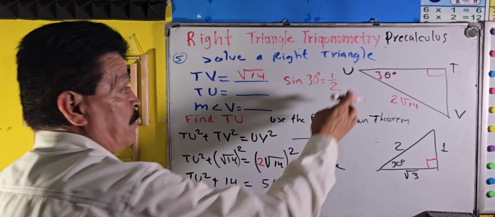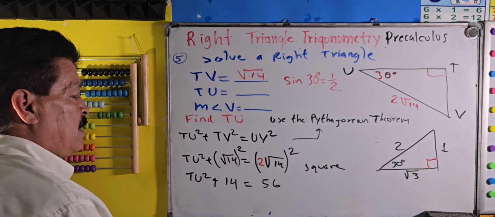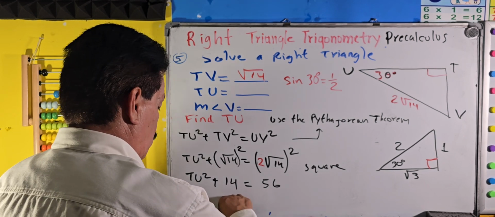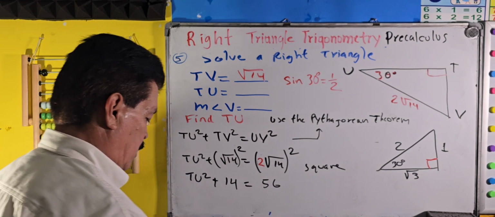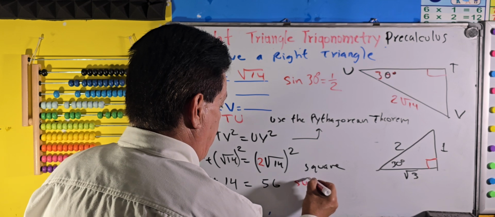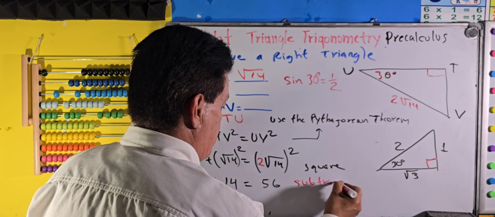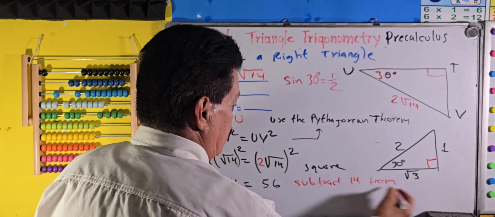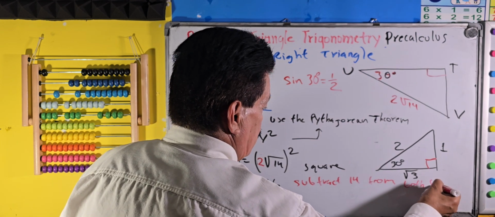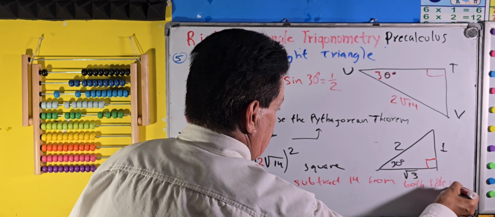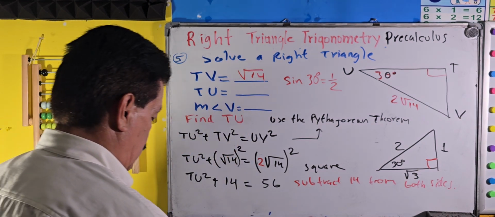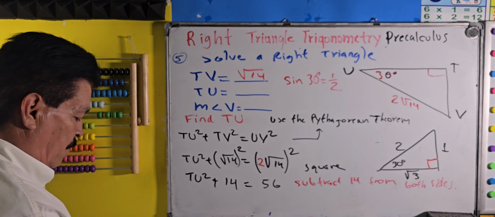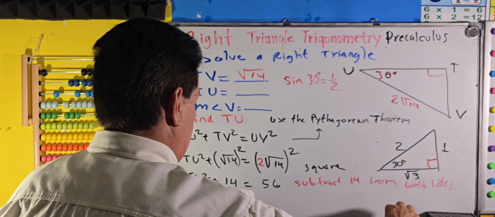So here we have to subtract 14 from both sides.